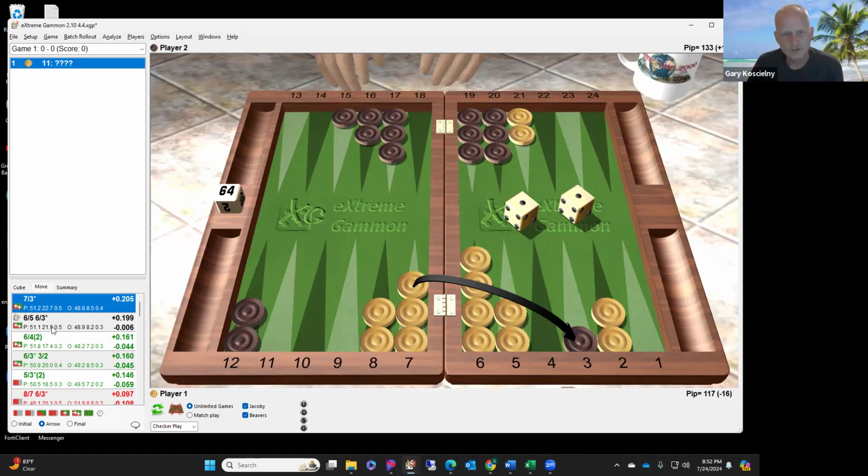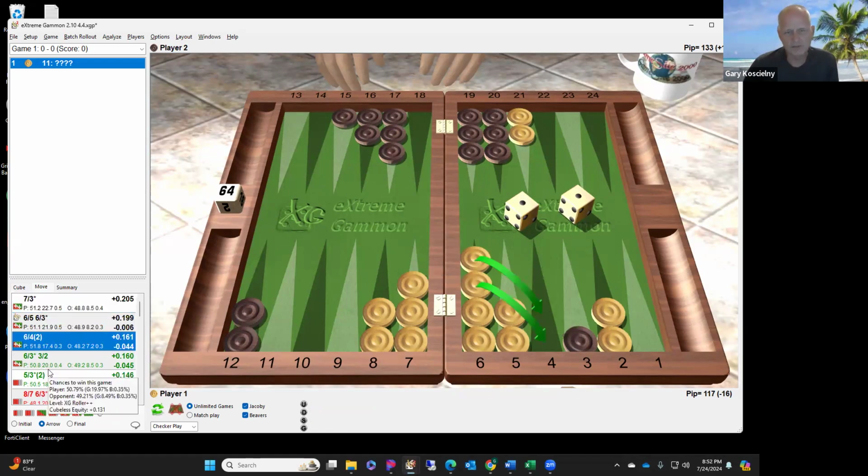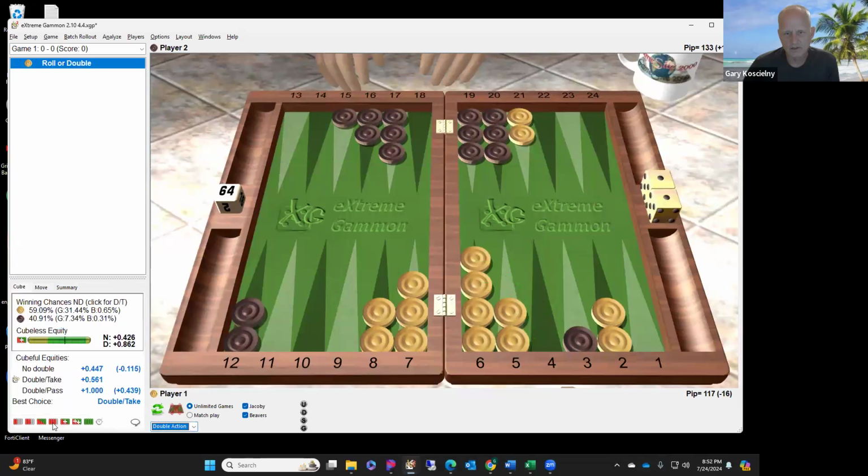And so here it's a 50-50 game pretty much with double ones, whereas before it's a 60-40 game basically. So double ones really hurt you.